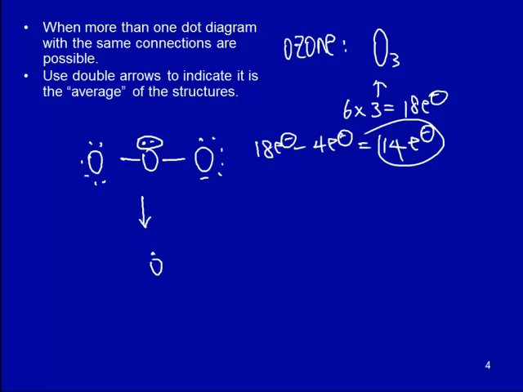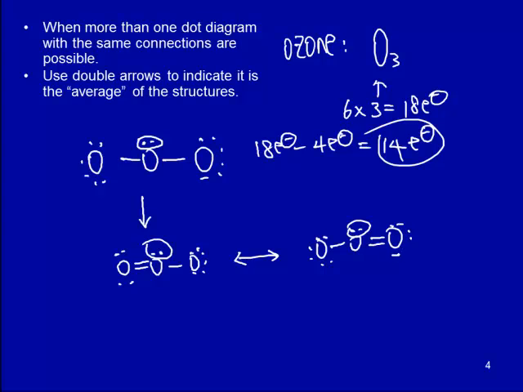So you can take a lone pair and this time form a double bond. However, this is going to be in resonance form as compared to that structure.